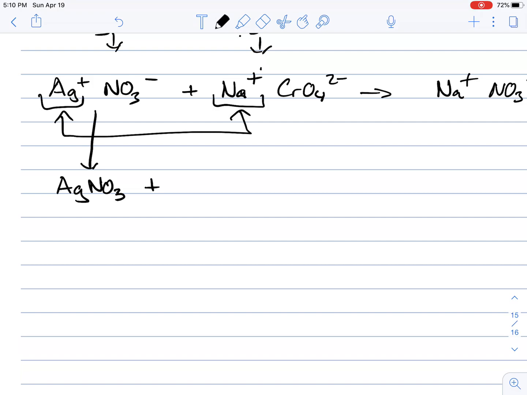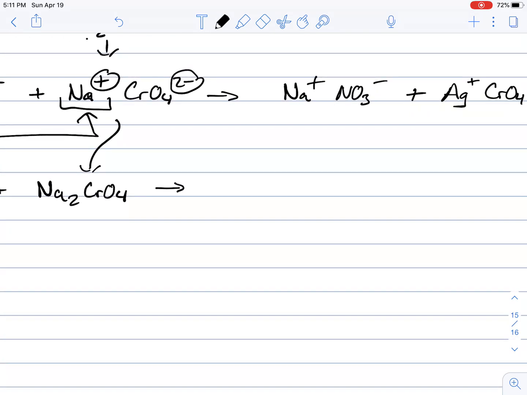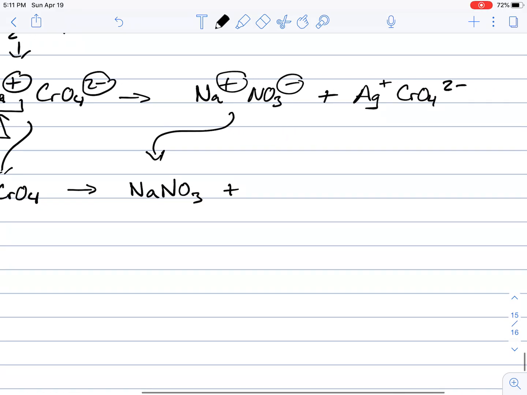Now, looking at the charges on the reactants, we have a +1 and a -2, which combine to give Na2CrO4. For your products, notice it's +1, -1, and so when you balance those charges, you get NaNO3. Here you have +1, -2, so you need 2 silvers for every 1 chromate.